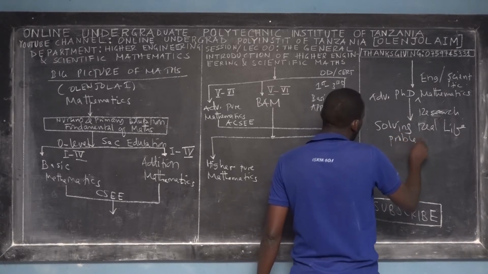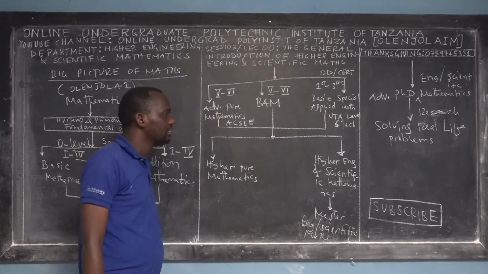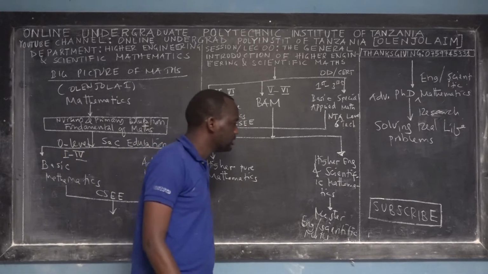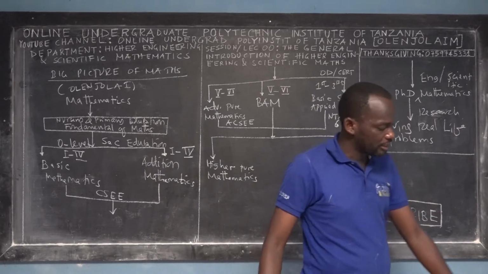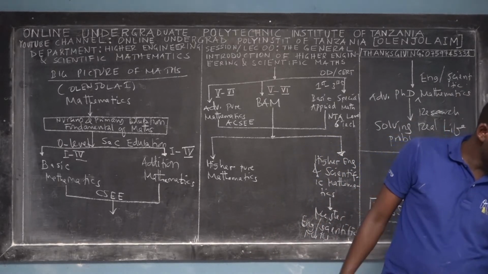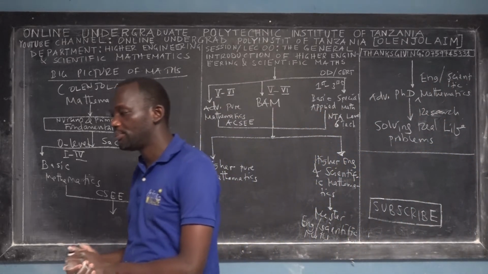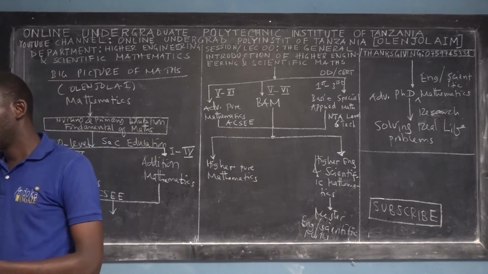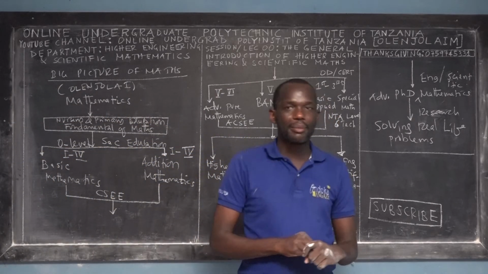That is why you have been studying mathematics from standard D1, or from nursery, to the PhD level. This big picture should be in your mind, as it is in mine, so that you can enjoy the beauty of engineering and scientific mathematics.